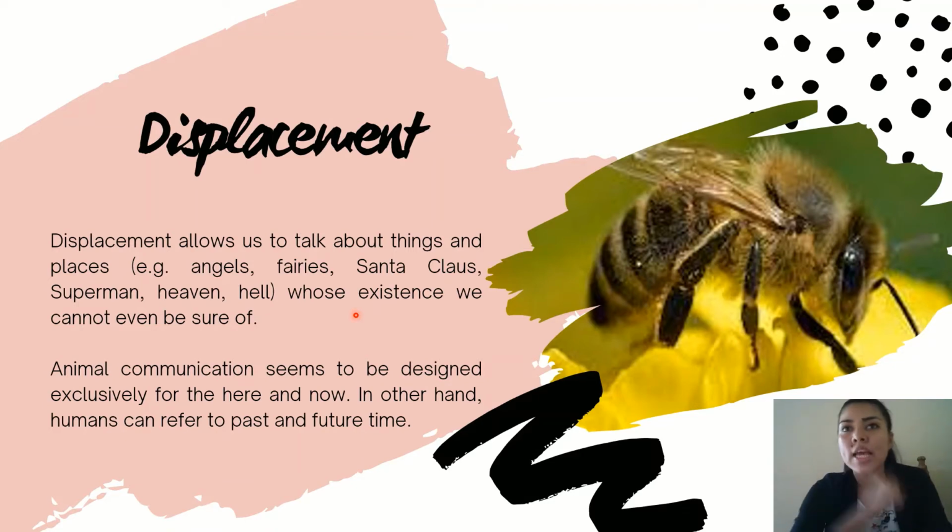But we can make a small exception with the bees. For example, a honeybee finds a source of nectar and returns to the hive, and it can perform a dance describing the location of this nectar.